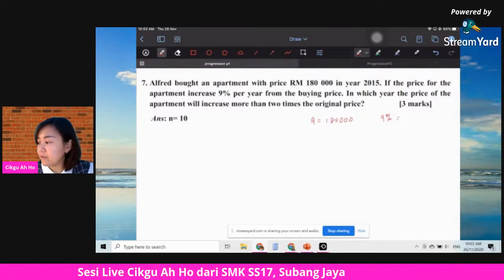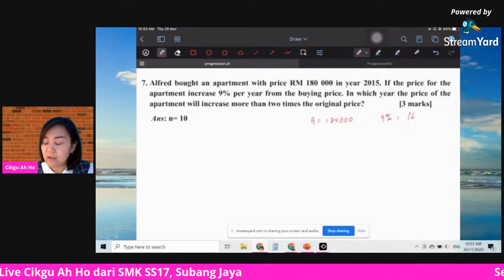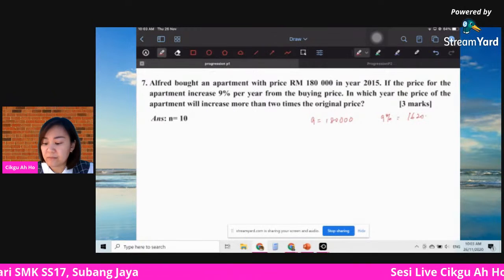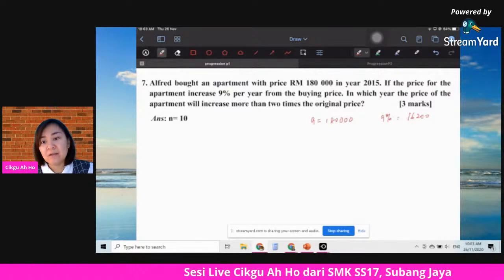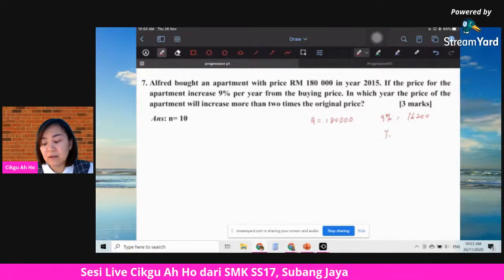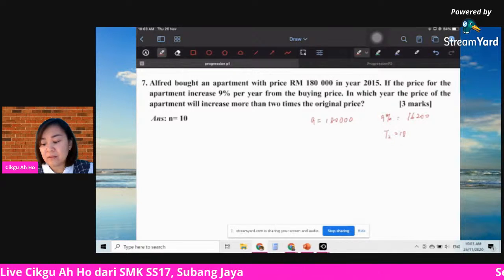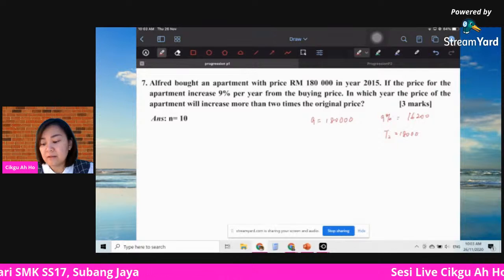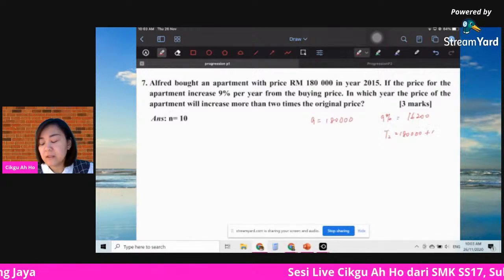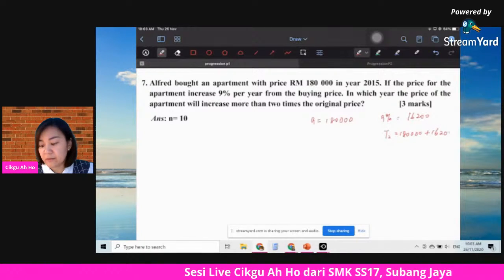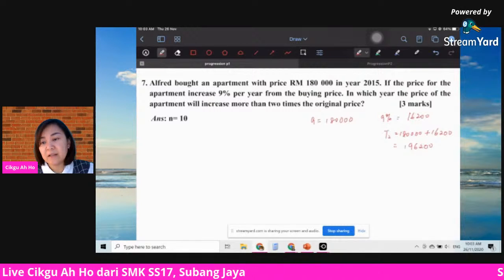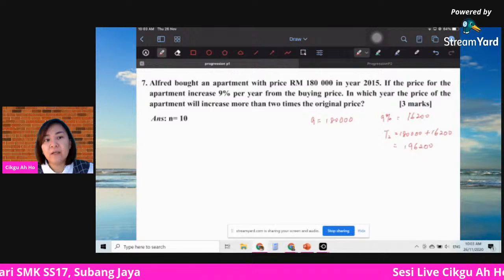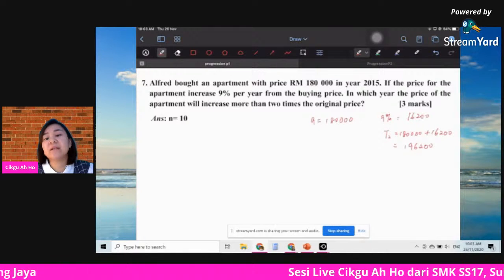When you multiply, the increase is 16,200. So the second year will be 180,000 plus the 16,200. This is the second year price for the apartment because the price increased.